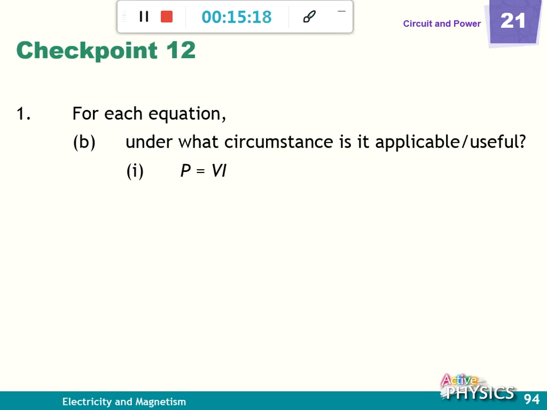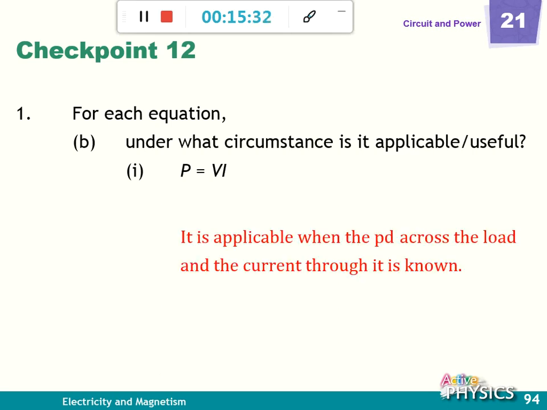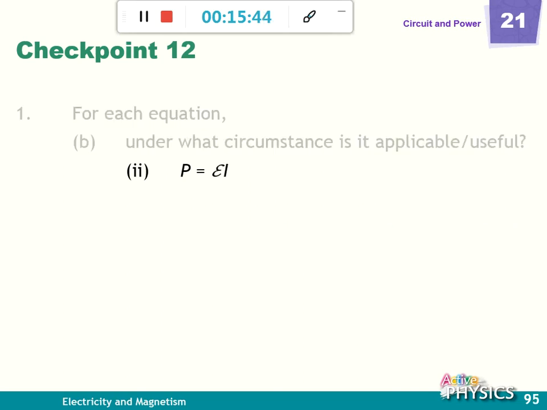How about this? Under what circumstances is it applicable or useful? It means that this formula we can apply, but in which situation? Here, the PD across the load and the current flowing through it are known. It means that we know the current through the load and the voltage across the load, then we can apply this formula.